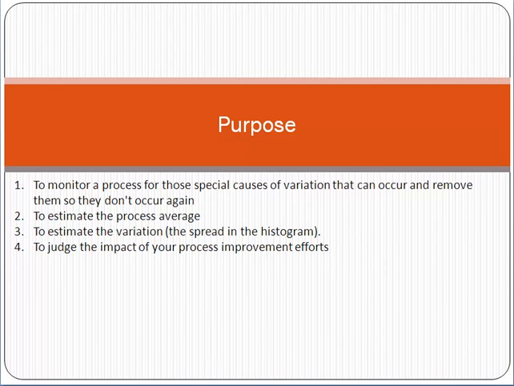The main purpose of a control chart is that whenever you see some irregular variations, you have to analyze the data and take some corrective actions accordingly, and after taking the corrective steps, you have to judge the impact of your process improvement efforts.